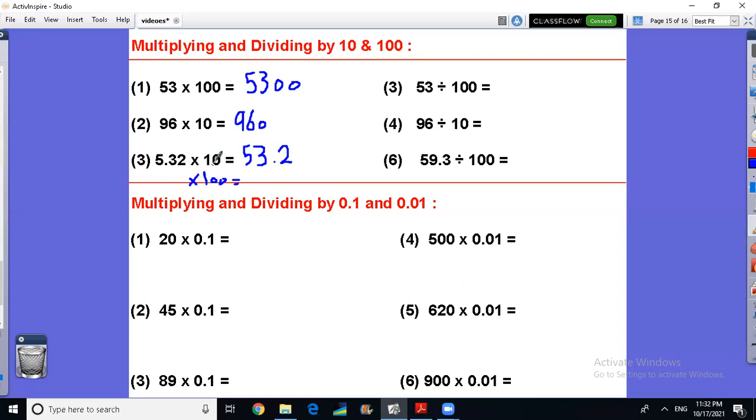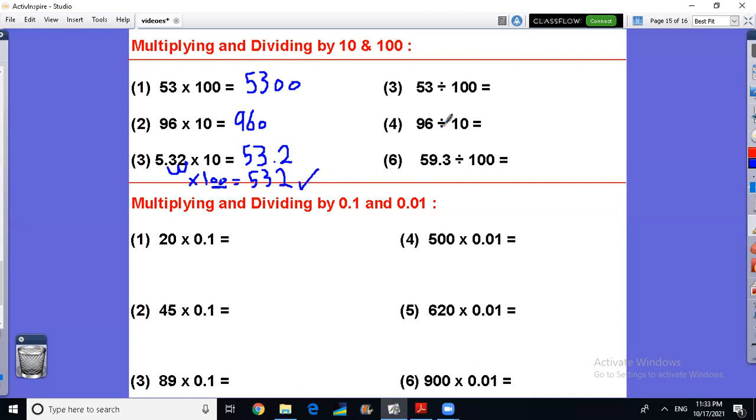How many digits to the right? It's 2 zeros. So I want 2 digits to the right, 1 digit, 2 digits. It becomes 532.0. But mister, we don't need to write .0, just 532.